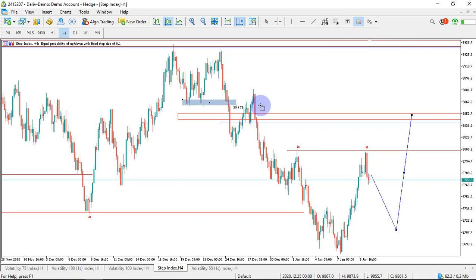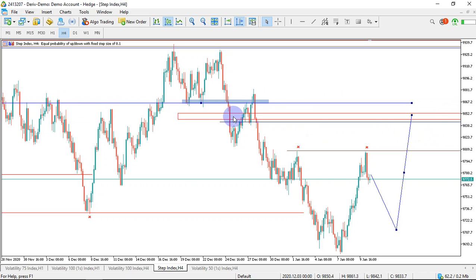So I want to see price come into this breaker block. Some of my students understand what a breaker block is.